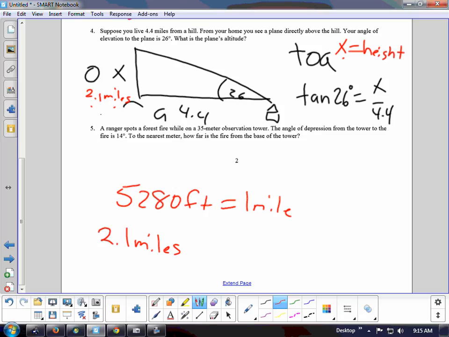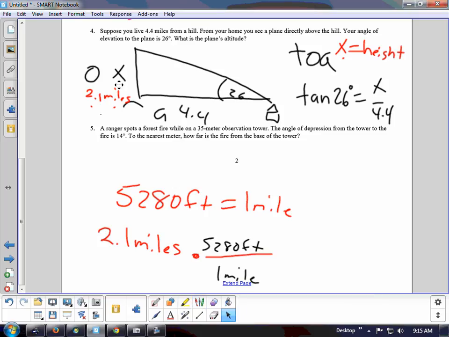We want to get rid of the miles, so I'm going to put 1 mile on the bottom over 5280 feet. When I multiply this together, the miles cancel and I'm left with feet, and I just multiply those two together.